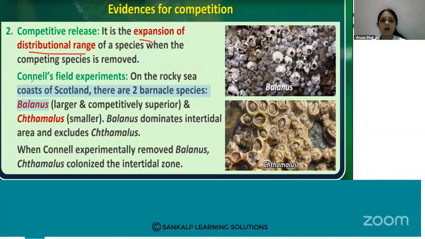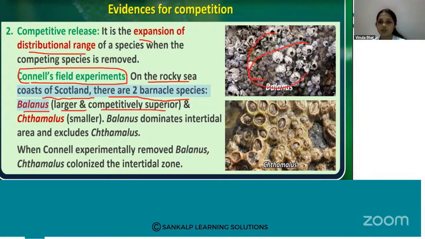There is Connell's field experiment, an example of competition on the rocky sea coasts of Scotland. There are two types of barnacles: Balanus, which is larger and competitively superior, and Chthamalus, which is the smaller one.